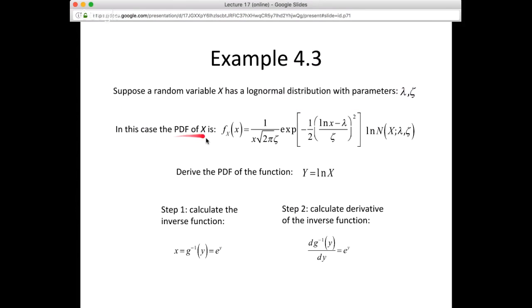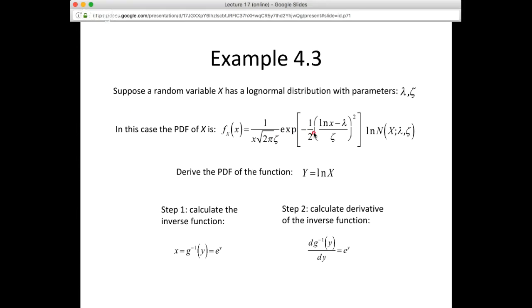In that case, the PDF of that random variable x, f_x of x, is equal to, essentially, it looks like the normal distribution, remember, but there are a couple fundamental differences. We've got an x in the denominator. We also have a zeta instead of a sigma.